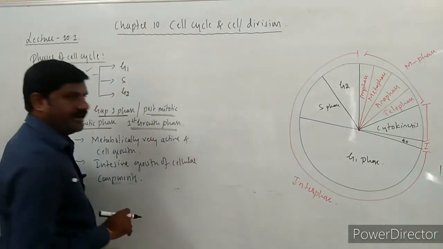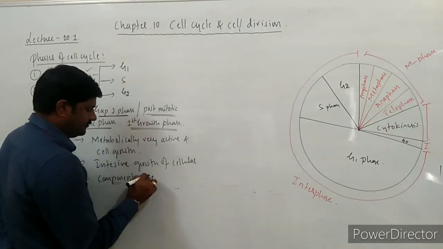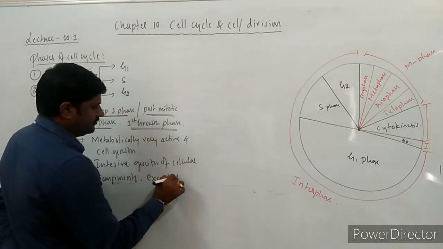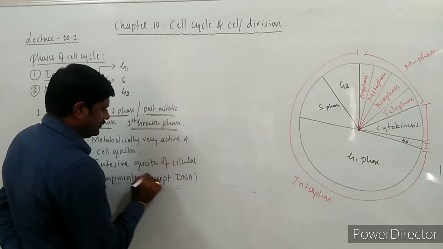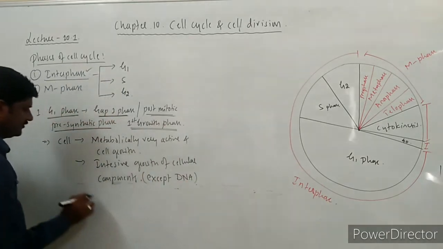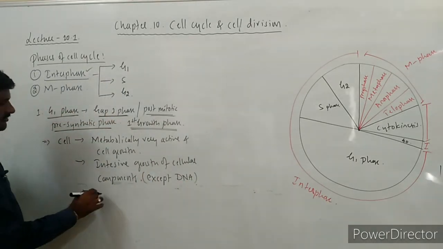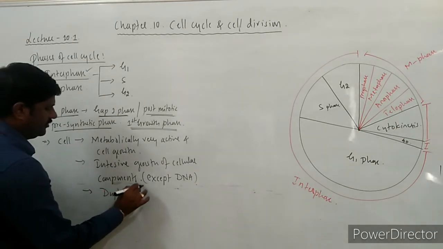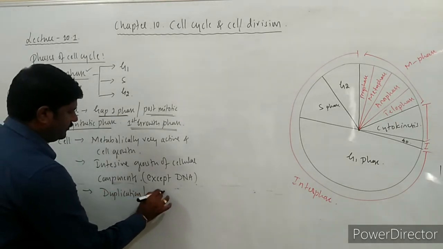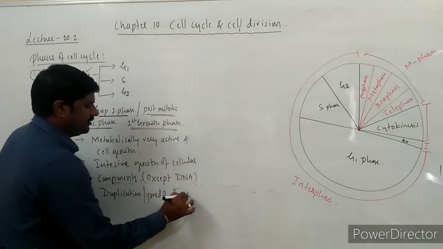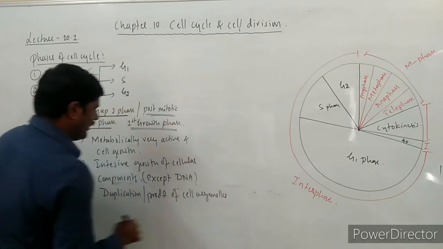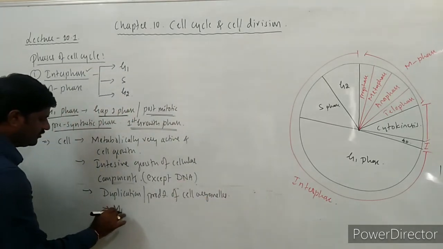So cellular components except DNA, or the genetic material, remember, right? Then what happens here is the duplication or the production of cell organelles takes place. So organelles like what?